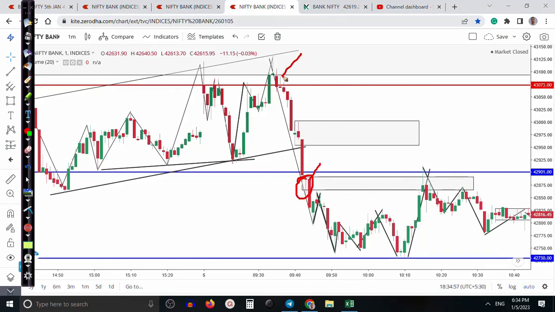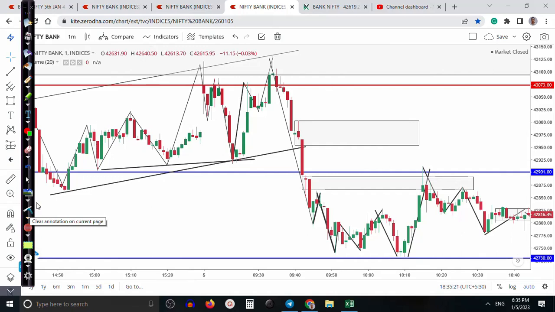Who added position here, they shorted and price goes in this area, and some people booked their profit and again re-entered here, and price again pulled back. Right, this type of move is done by smart money only, and we have to find out where exactly smart money is entering this market.